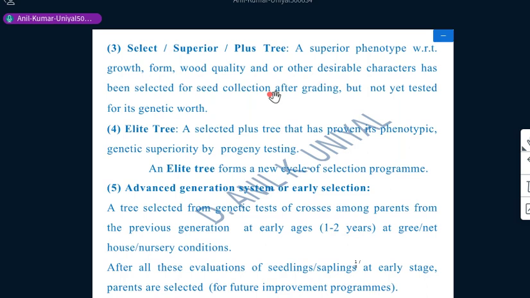After the initial 6 months or 1 year's growth, we can check the performance of randomly selected trees from each plus tree.